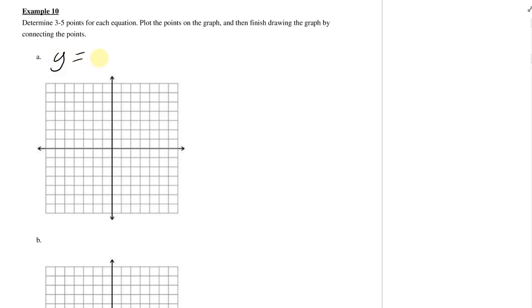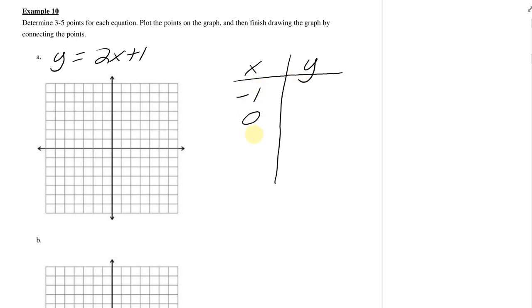We'll start with y equals 2x plus 1. I want you to find a couple of points that would help you figure out the shape of this graph. Usually you can start with 3, and you can choose whatever points you want for this. So choose something that's going to be easy to plug in. My favorites are usually -1, 0, and 1.